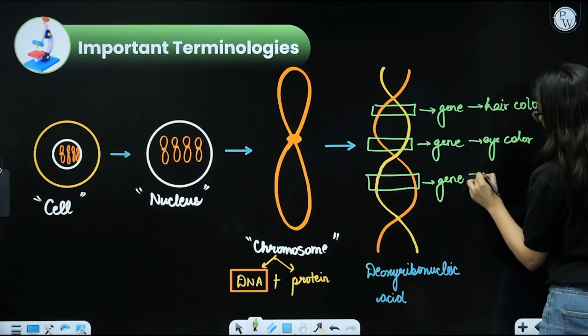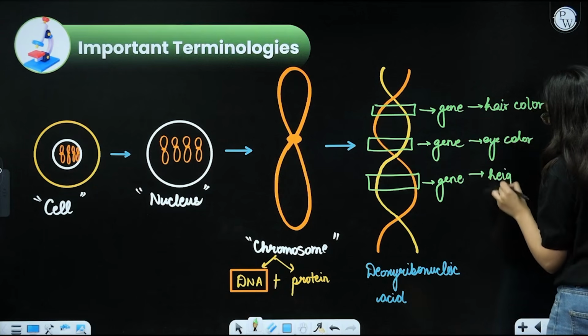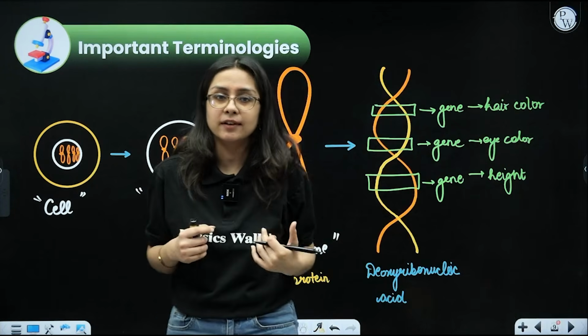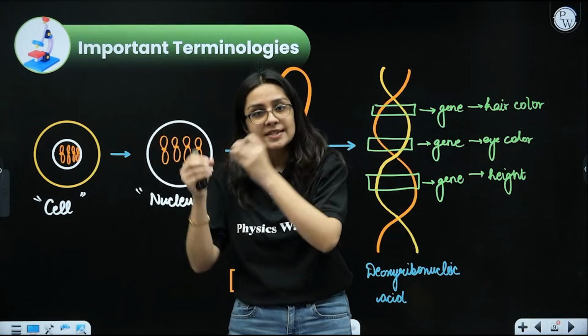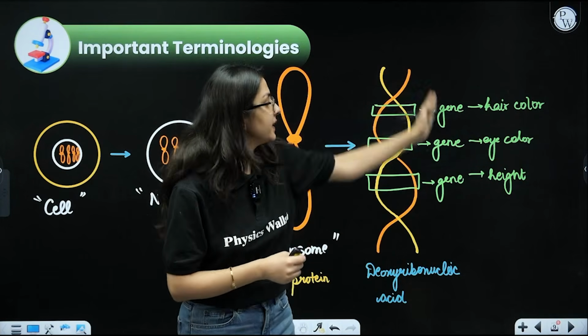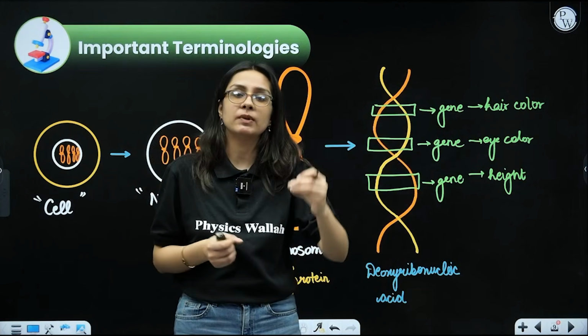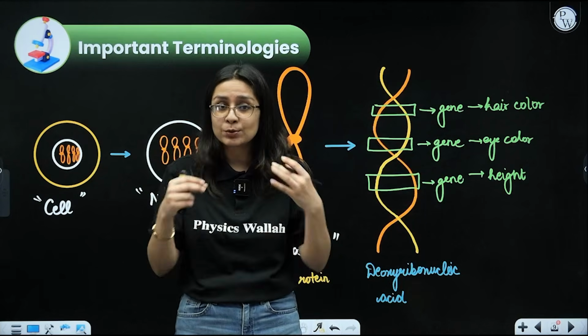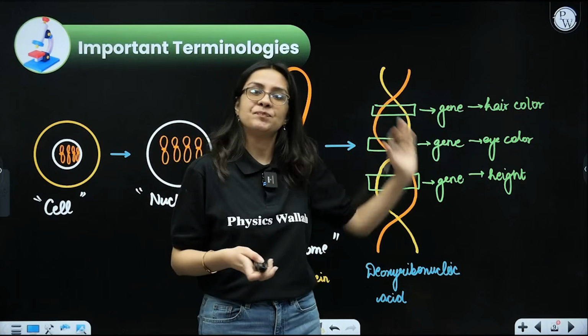Some gene could be of your height also. So these are the different genes, but genes control each and everything, whether it is physical or internal. So now you got the point. Cell has nucleus, nucleus has chromosome, chromosome has DNA, and DNA has multiple genes, and each gene will control a specific character. So every physical attribute that you see is contributed by the gene itself.